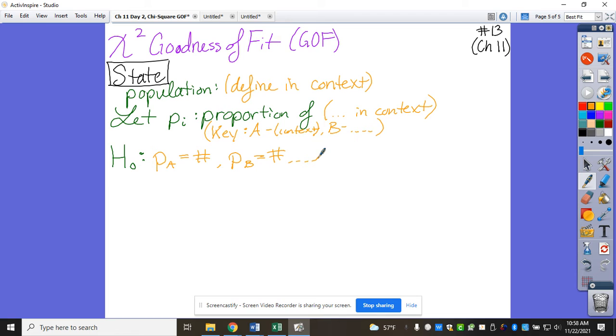Let's say it's the grade levels and we're claiming that the grade levels are all the same. Then that would be, don't write this, probability of 9th equals probability of 10th equals probability of 11th equals probability of 12th, which all would equal what our claim there.